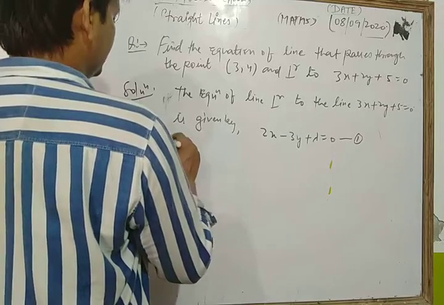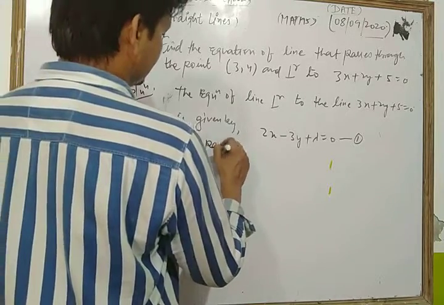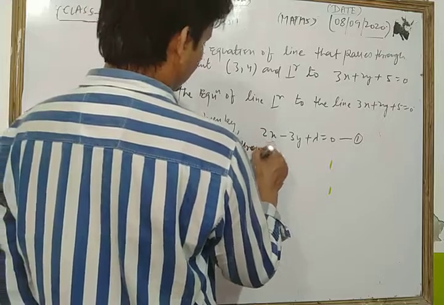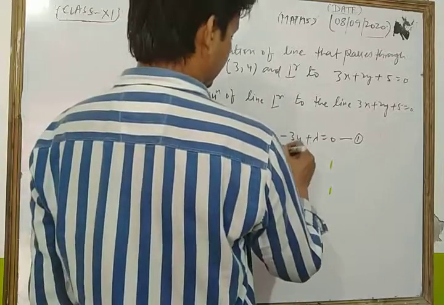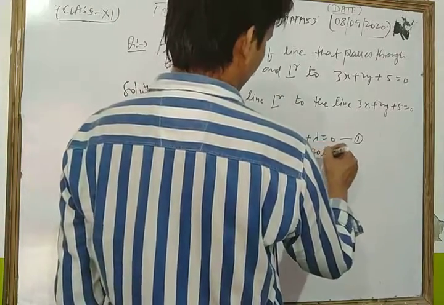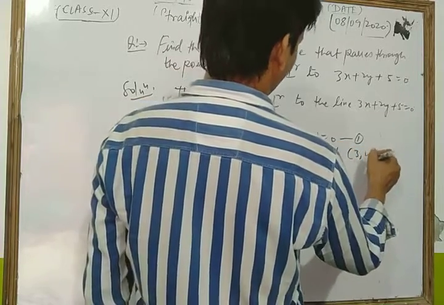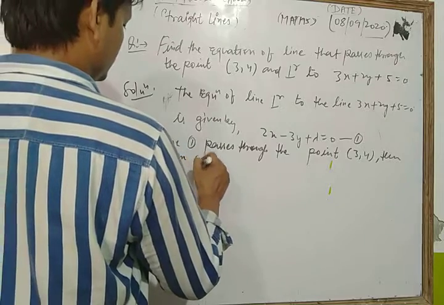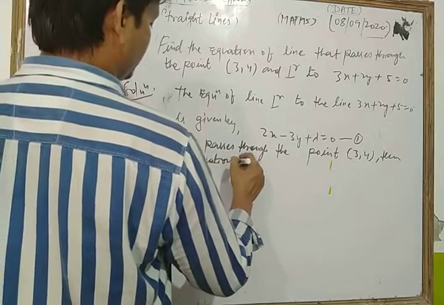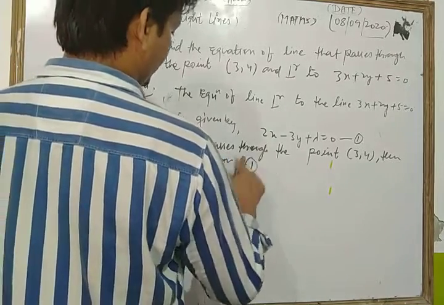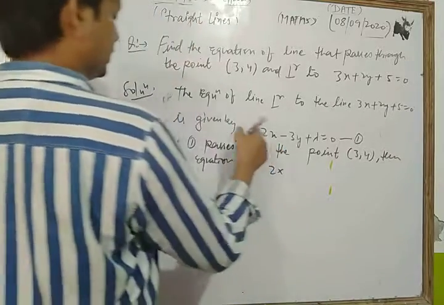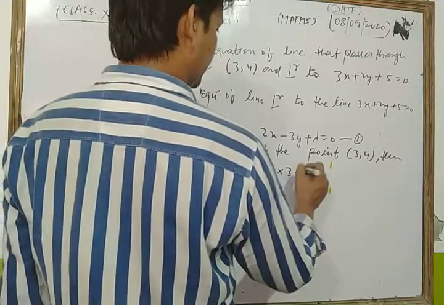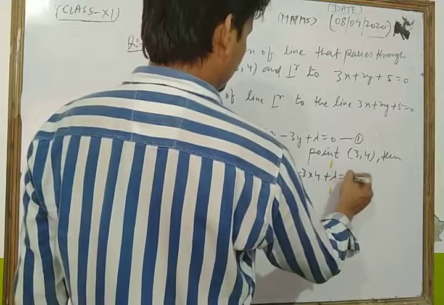Now since the line passes through the point 3, 4, from equation 1 we get 2 into 3 minus 3 into 4 plus lambda is equal to 0.